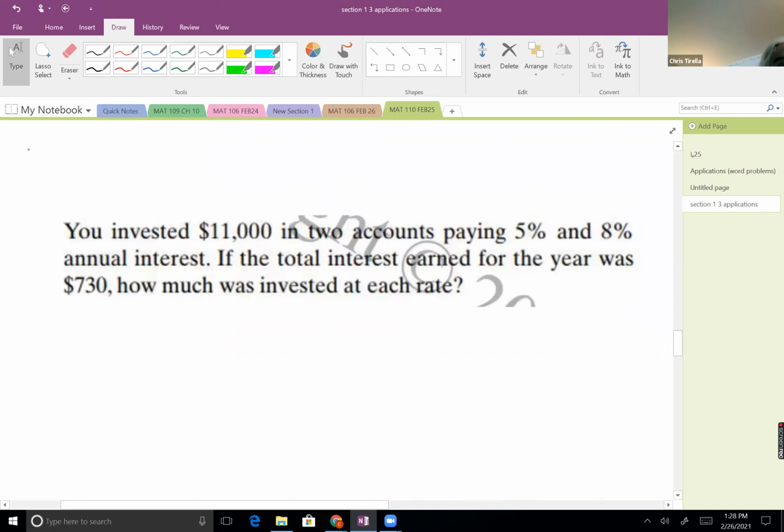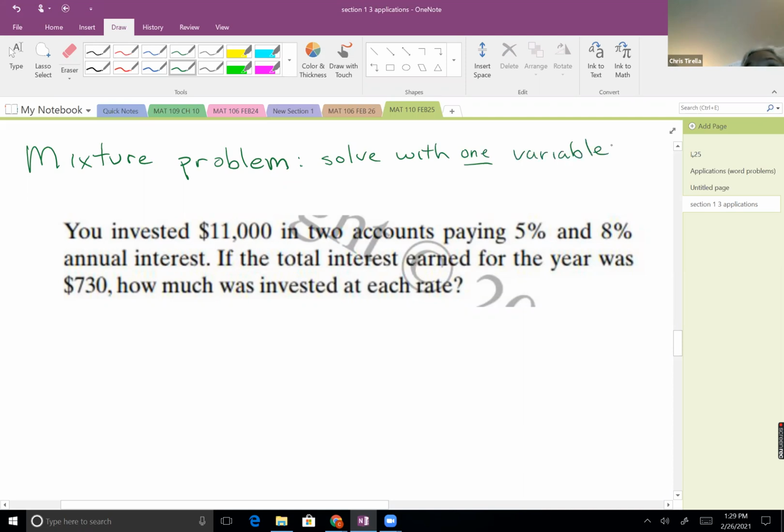This is an example of a mixture problem. And there's something that you really have to watch for with these problems, because we're going to solve it with one variable. So as we read it, we're investing $11,000 in two accounts.